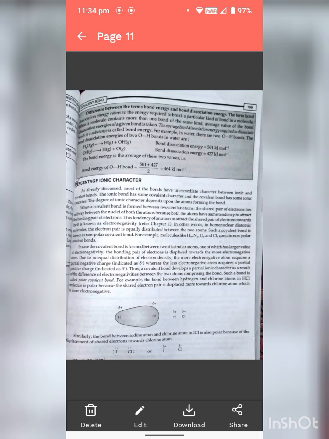The more electronegative atom acquires a partial negative charge, whereas the less electronegative atom acquires a partial positive charge. Thus, the covalent bond develops a partial ionic character as a result of a difference of electronegativities between the two atoms comprising the bond. Such a bond is called a polar covalent bond.